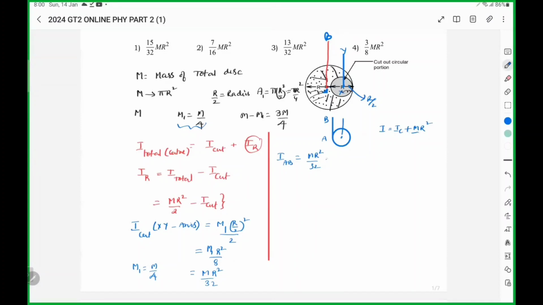Here m is M by 4, I will write m1, and d is r by 2 whole square. So M r square by 32 plus M r square by 16. After simplification, we get 3 M r square by 32.